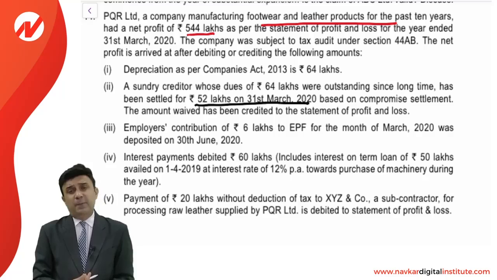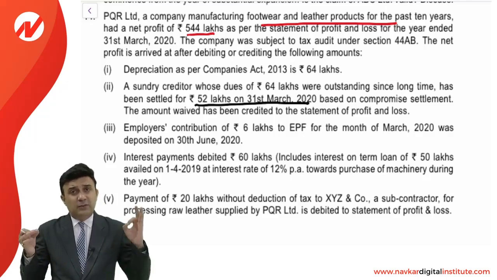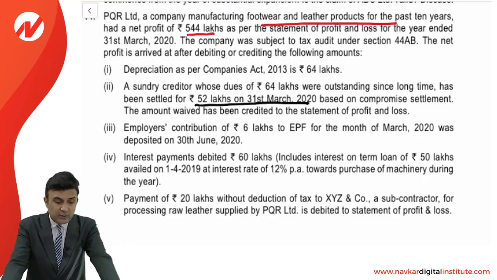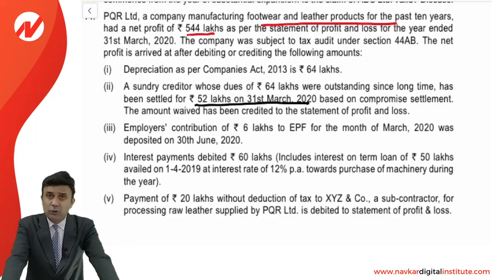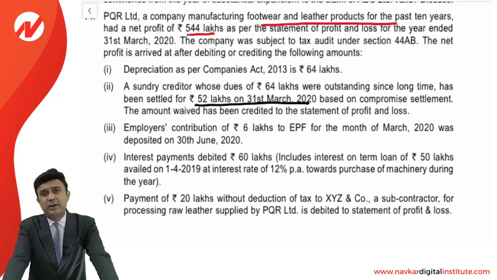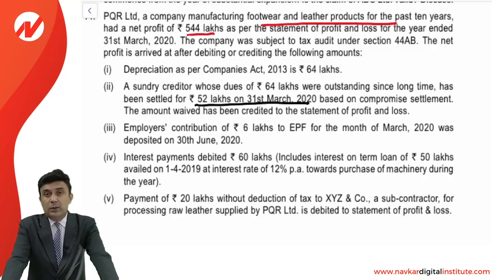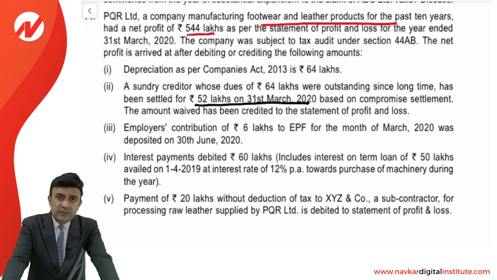Remember friends, if there is remission or cessation of trading liability, and as you are given that they are sundry creditor, not unsecured loan, not secured loan, I assume that the amount reflected in sundry creditor belongs to the trading liability for which you would have claimed the deduction in the earlier year. Now when you write this off, this amount should be taxable under the head business and profession under section 41(1) in the year in which you write off.